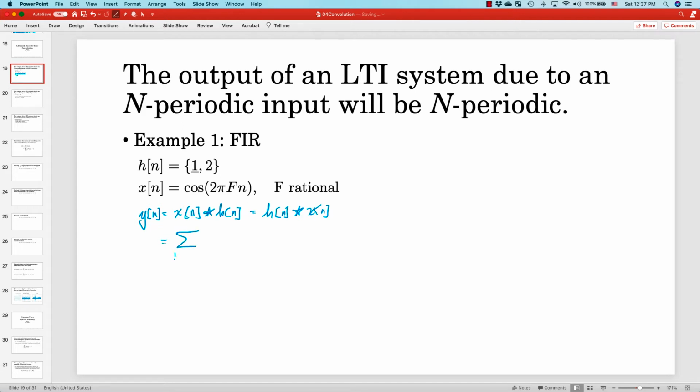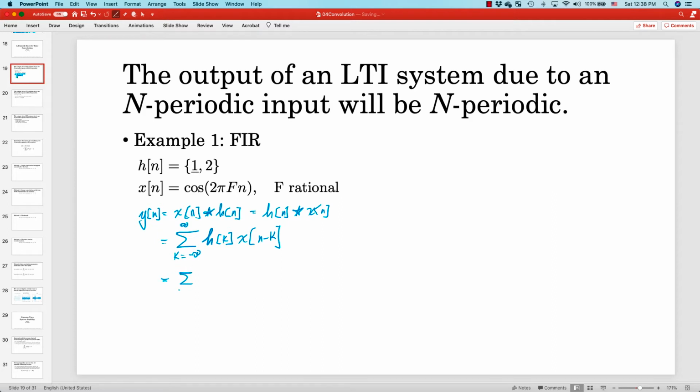So this is again the summation over all possible k's of the first signal, h of k, times the second signal evaluated at n minus k. Now I like doing it this way because the h signal is finite, and so this infinite sum actually reduces to a finite sum.